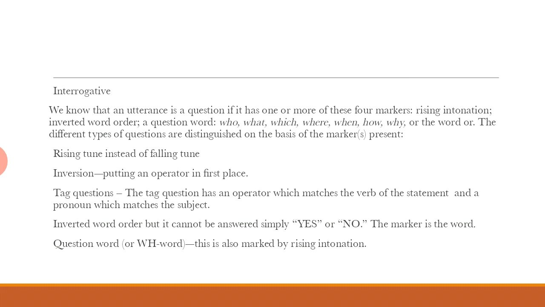Rising tune instead of falling tune. Inversion, putting an operator in first place. And then there is a tag question, which has an operator that matches the verb of the statement and a pronoun that matches the subject.